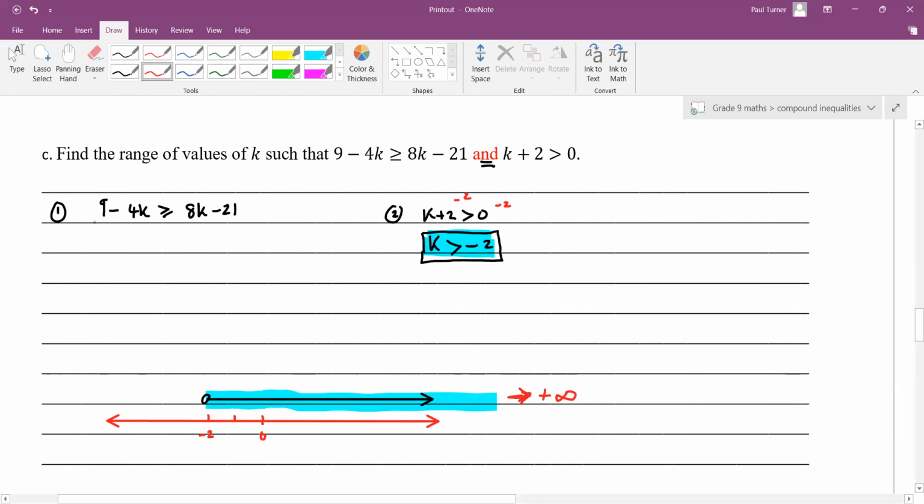Okay, so that's the first one. You do this one, and then I want you to tell me the final answer in the chat box. What do you get? So this is question C. So put question C like that and write your answer here. It could be like -3 less than x less than 2 or something like that. Okay, so you do that in the chat box. I'll wait for you to do that one. So do that for a few minutes.